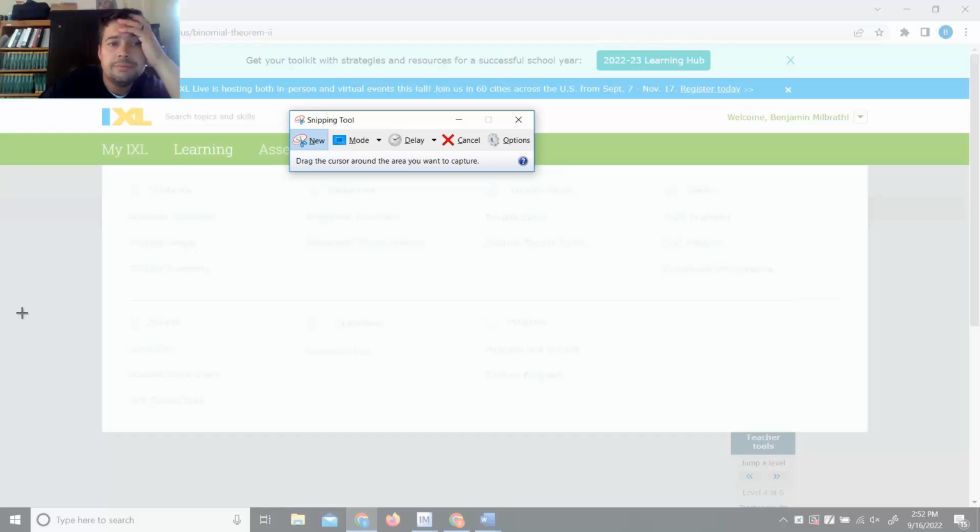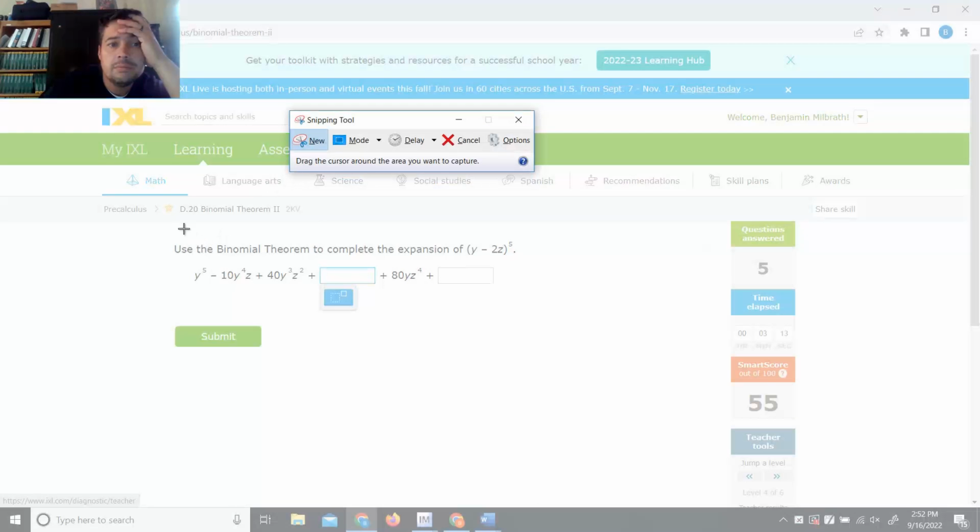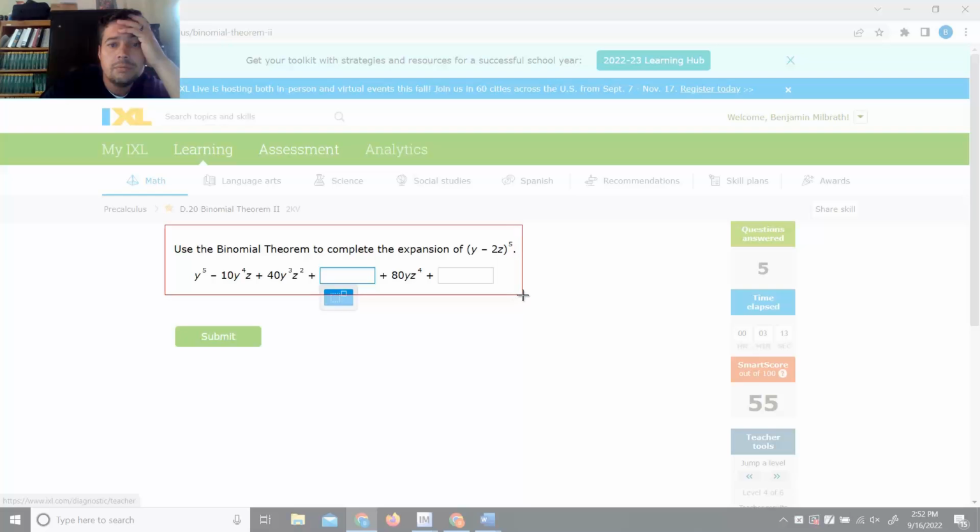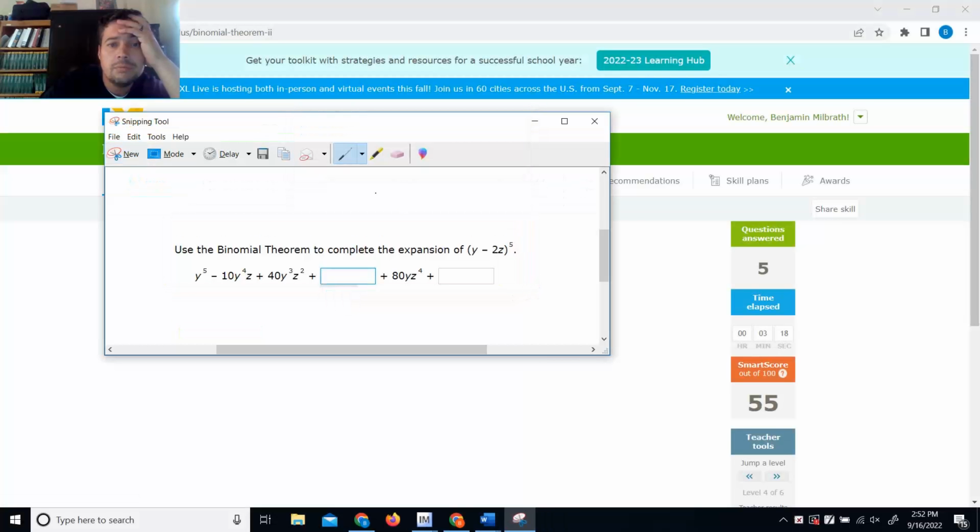Now this wants us to find the third and fifth piece of that expansion.